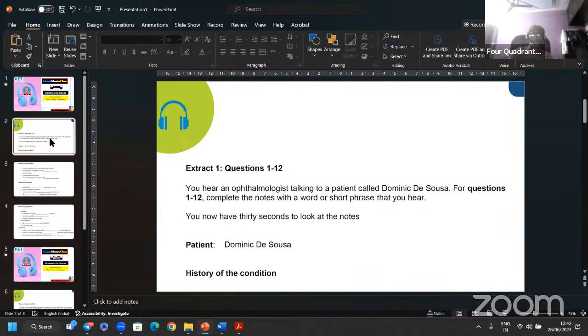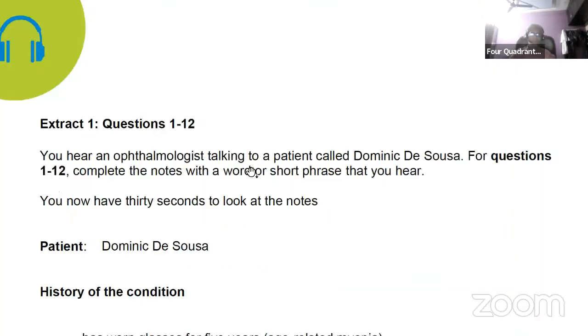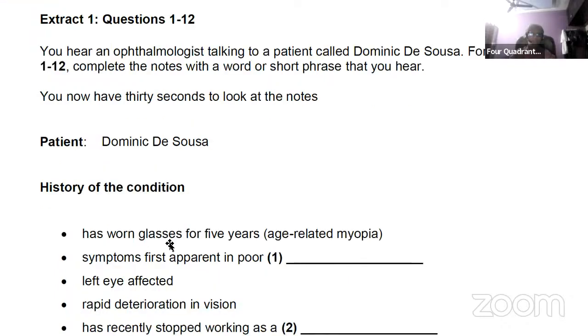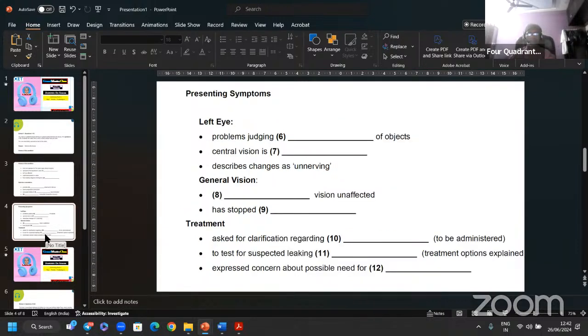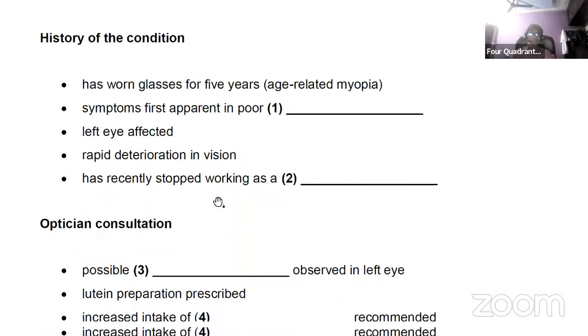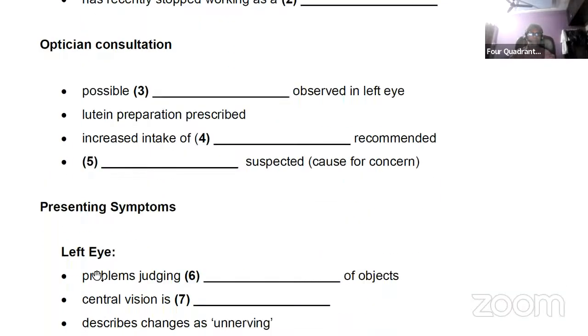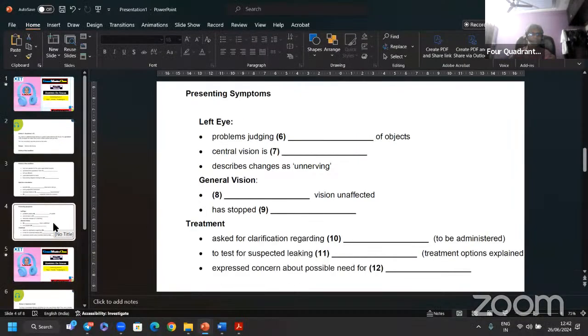So one Dominic de Sousa. Then next one has one glasses. Yeah, this is right. Then I have taken correctly. And the next one is left eye. Left eye, correct only.